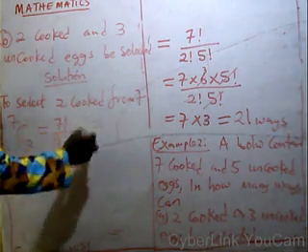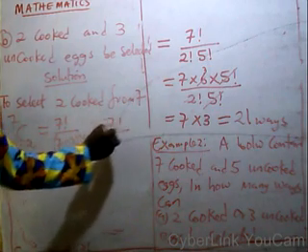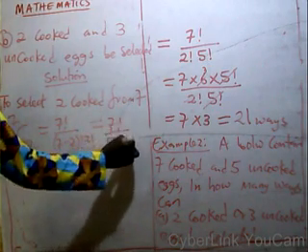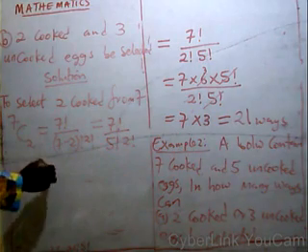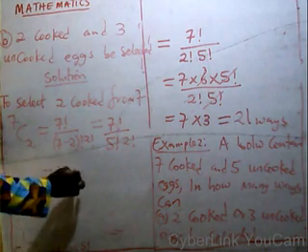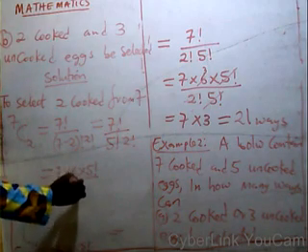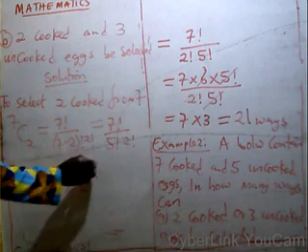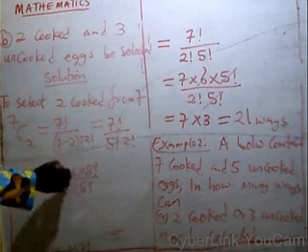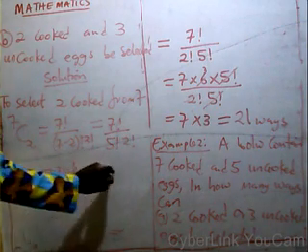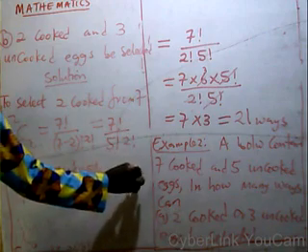This is equal to 7 factorial all over 5 factorial 2 factorial, which is the same as 7 times 6 times 5 factorial all over 2 factorial 5 factorial. 5 factorial and 5 factorial will go. 2 here 1, 2 here 3, 3 times 7, that is 21 ways.